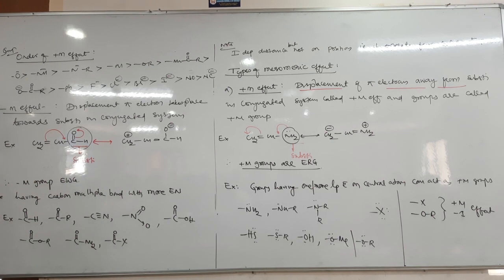Wherever a C double bond is present, that is a minus M group.